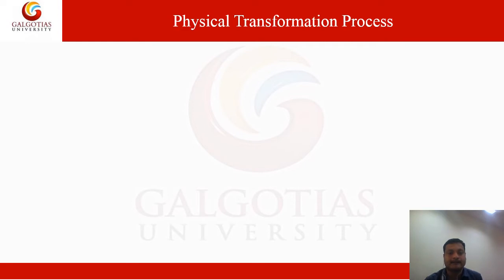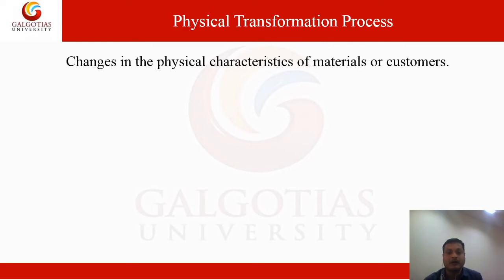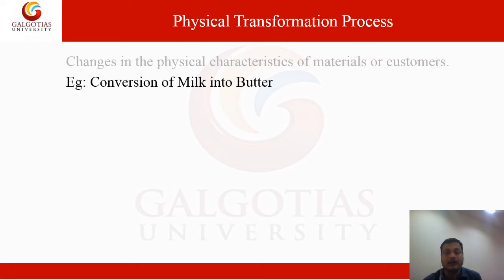Consider a simple example, the conversion of milk into butter. During this conversion, the physical characteristics of milk change into another form. Whenever there is a change in the physical characteristics of material or people, that kind of conversion process is known as the physical transformation process.